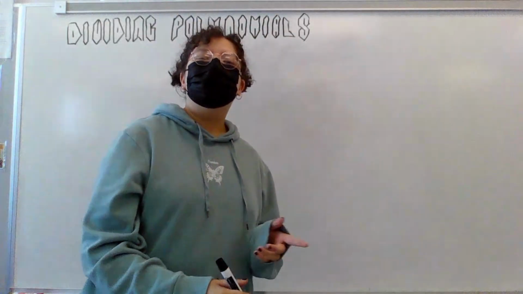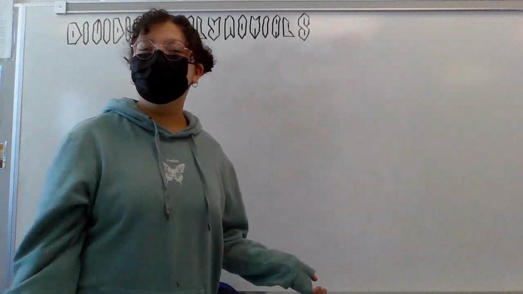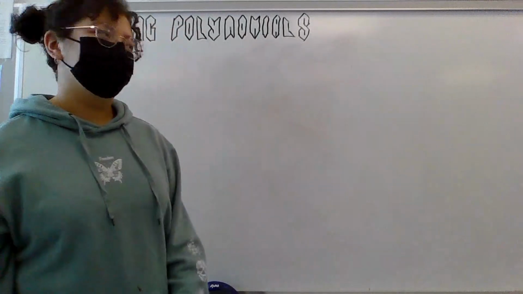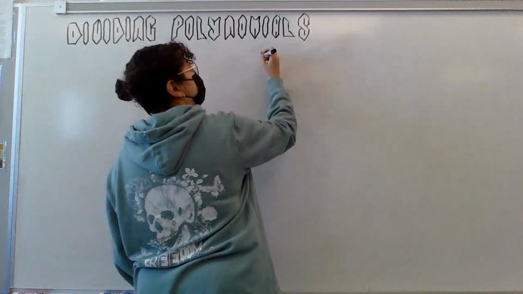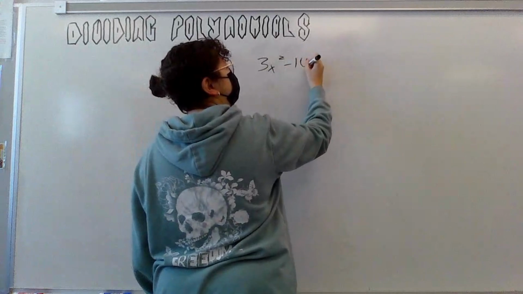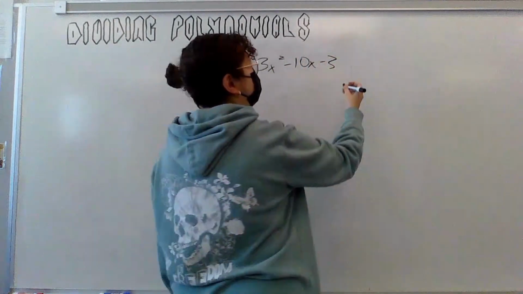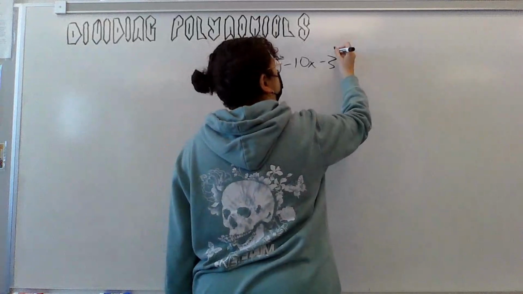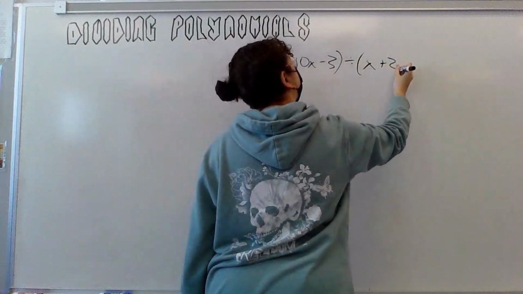So the second method for dividing polynomials is using synthetic division, which I mentioned before. For example, your problem could be 3x squared minus 10x minus 3 divided by x plus 3.